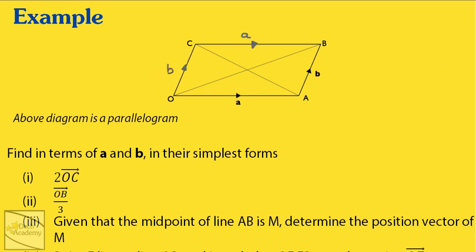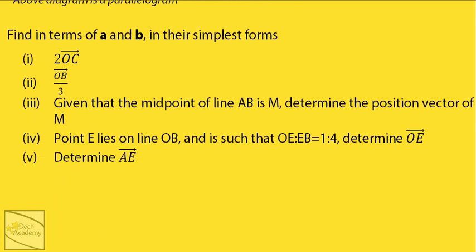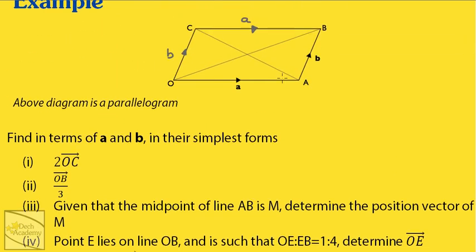With that in mind, we can now proceed to solve the questions. So we'll start with part 1. In part 1, we need to find 2OC, which means 2 times OC. So let's start by finding OC. What is OC in terms of vector A and B?